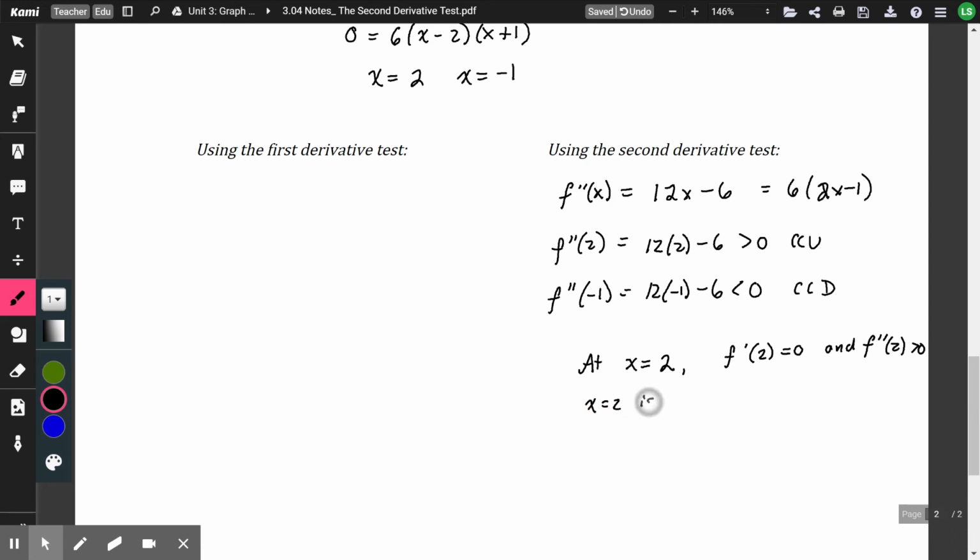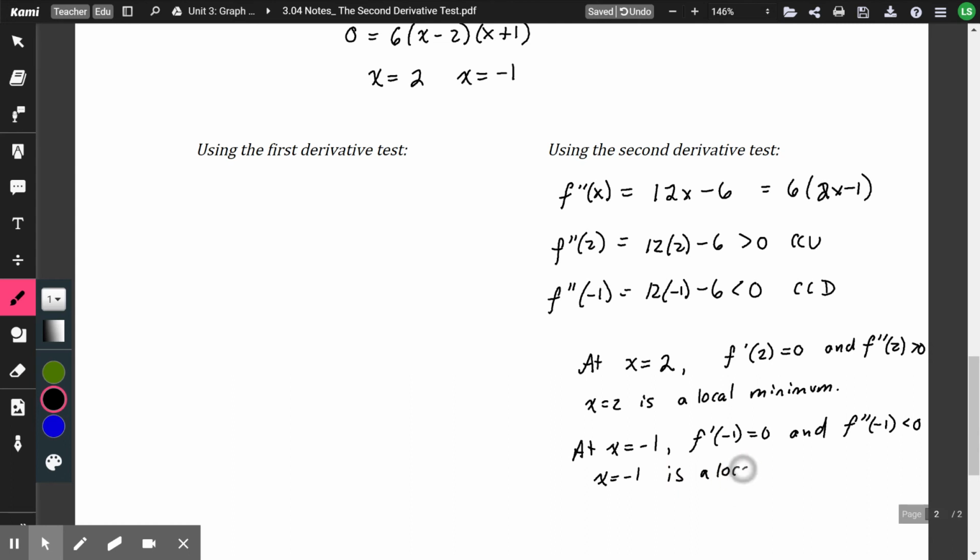X equals 2 is a local minimum. We have a horizontal tangent line and the graph's concave up, so therefore we have a local minimum. All right. At x equals -1, f prime of -1 is 0, and f double prime at -1 is negative. X equals -1 is a local maximum.